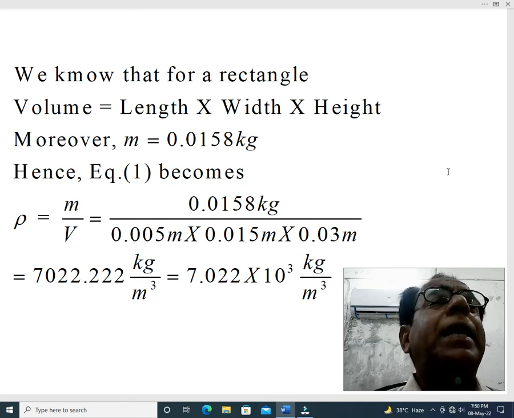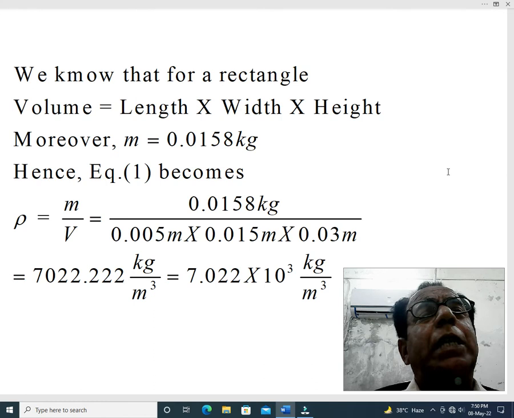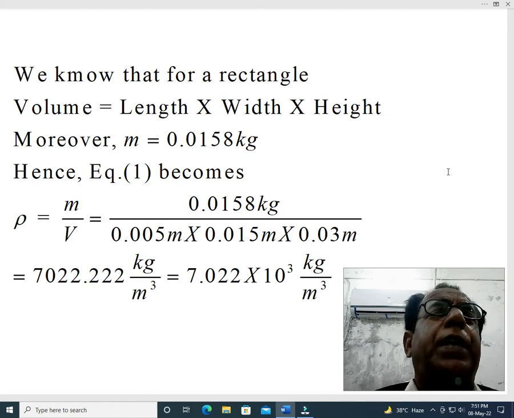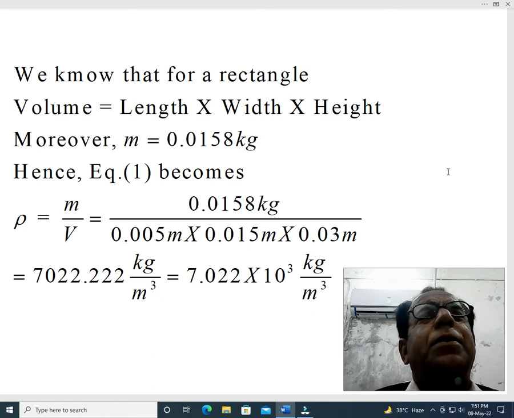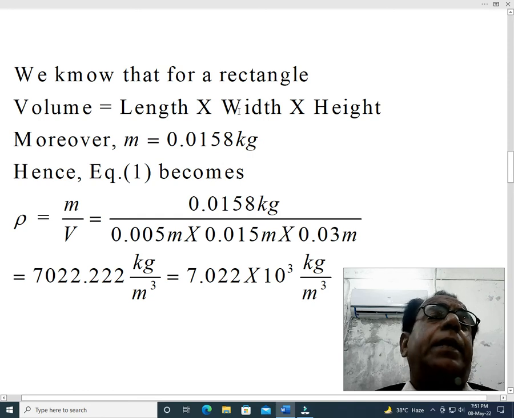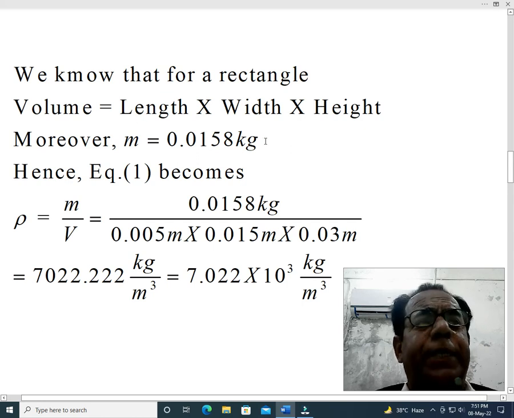Similarly formula for calculating volume of a sphere is, I think, 4 by 3 pi r cube, and formula for calculating volume of a cone is 1 by 3 pi r square h, and so on. But here we are simply concerned with the volume of a rectangle, and its formula is the simplest. Length into width into height.